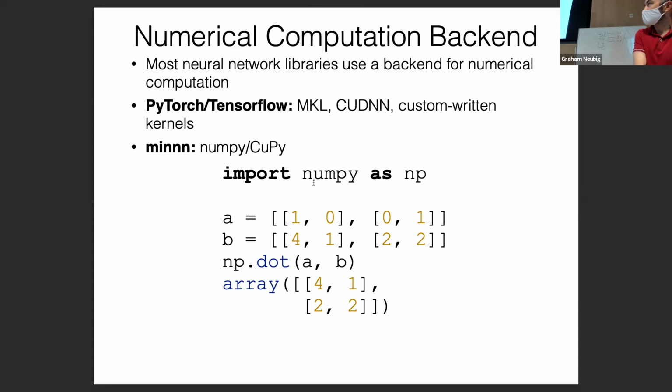NumPy allows you to define matrices like this, take the matrix multiplication between them, and calculate the results, et cetera. It has many different operations, so it's particularly well suited for implementing the backend of a neural network toolkit.